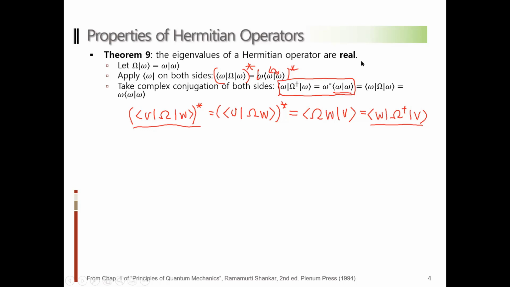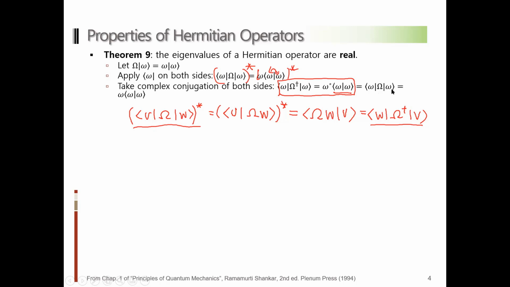Then what about this one? How can we obtain this one? Well, here I'm saying that we can drop this dagger. How can we do that? That's because I assume that omega is the Hermitian operator. The definition of the Hermitian operator is that the Hermitian conjugate of the operator should be the same as its original operator.